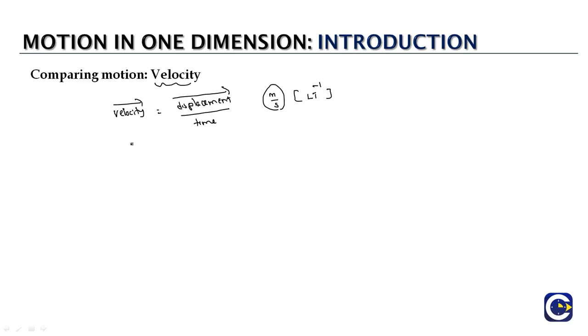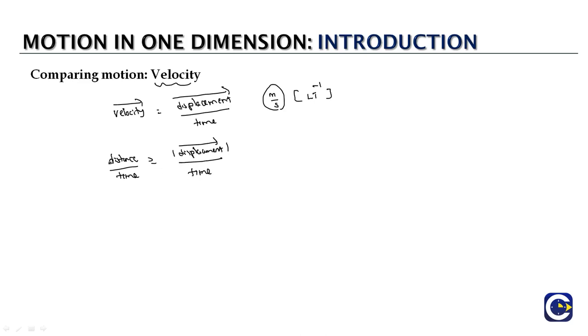If you look at the comparison between the two, we see that, as we already talked about, speed is distance by time, so it will always be more than or equal to the magnitude of displacement by the time taken.